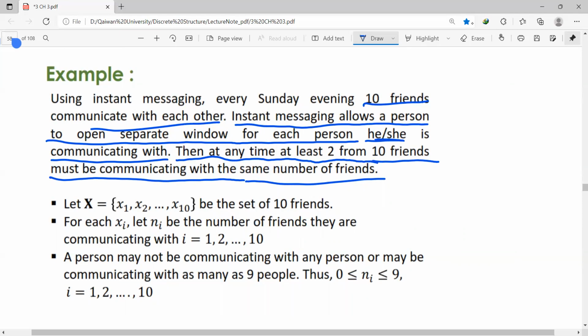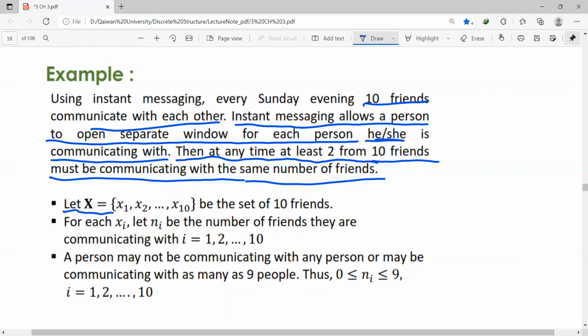As you see here, we have 10 friends. These 10 friends are messaging each other. Each one can talk to each of them separately. And it says at least two friends must communicate with the same number of the other friends. For example, let's say 2 of them are communicating with 5 of them at the same time.